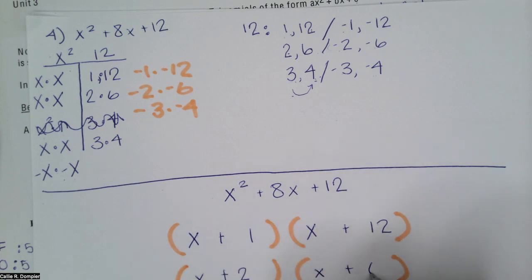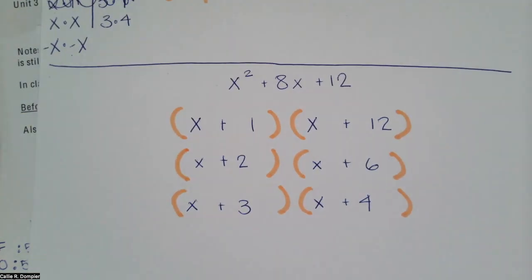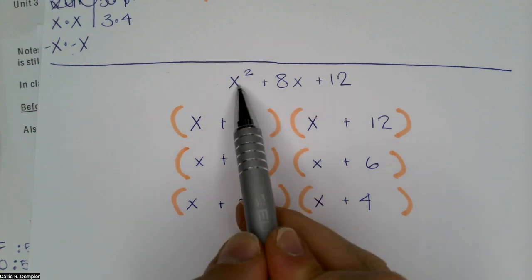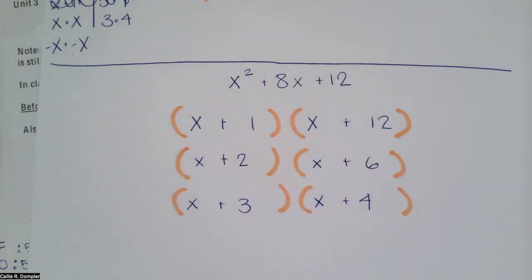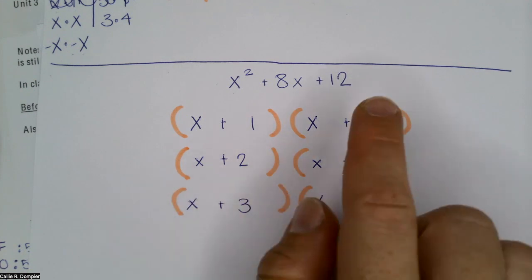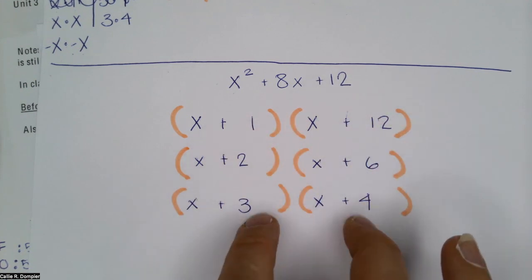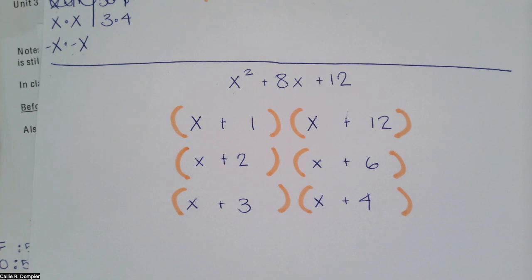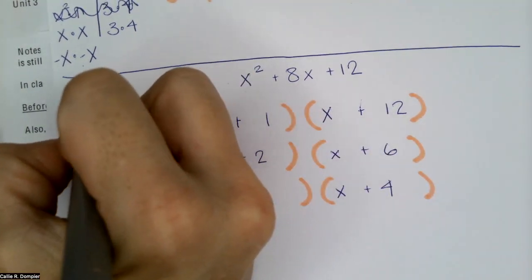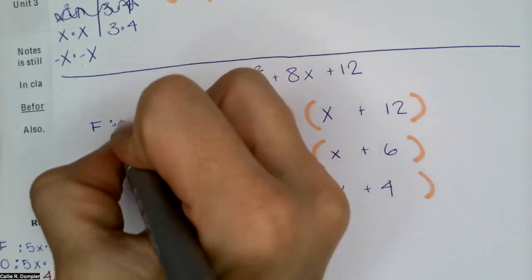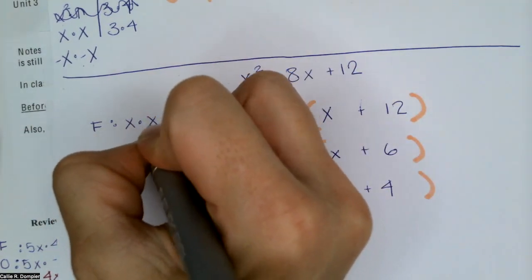+2, +6, +3, +4. So what I did was I said x squared is going to be x times x, no matter what. 12 could either be 1 times 12, 2 times 6, or 3 times 4. Okay, so I know my first is going to be x times x, right?